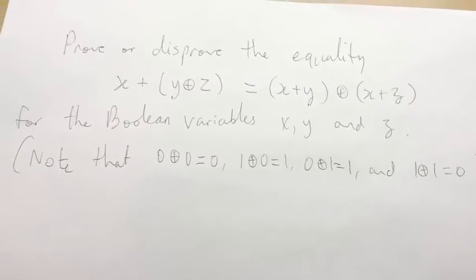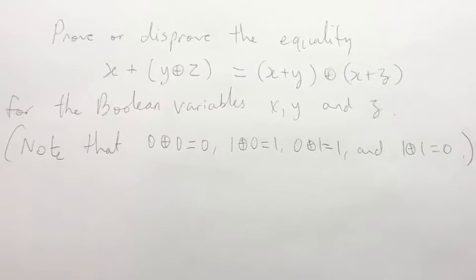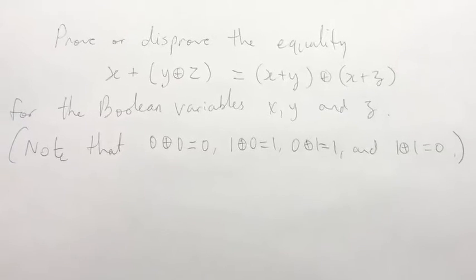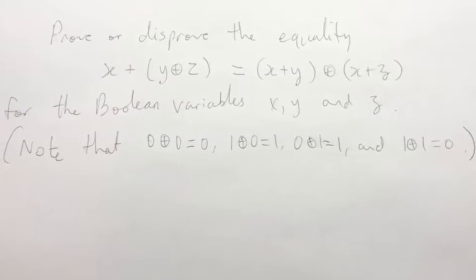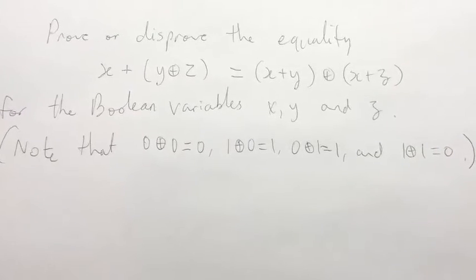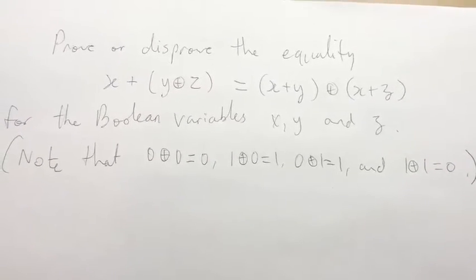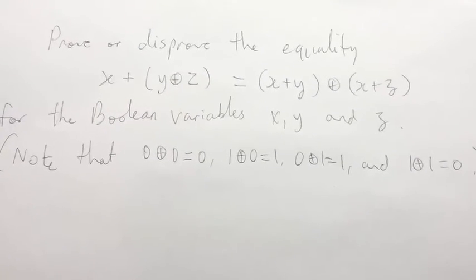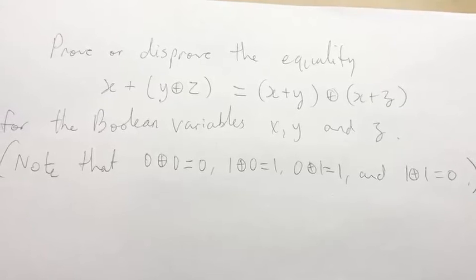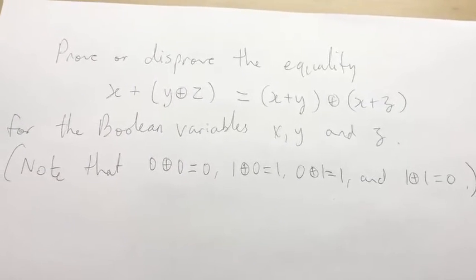They're basically defining what they mean for Boolean variables, and they've only defined it for 0 and 1, so in principle that should define what that symbol means. You can see 0 plus 0 is 0, so this is just arithmetic mod 2: 1 plus 0 equals 1, 0 plus 1 equals 1, and 1 plus 1 equals 0.